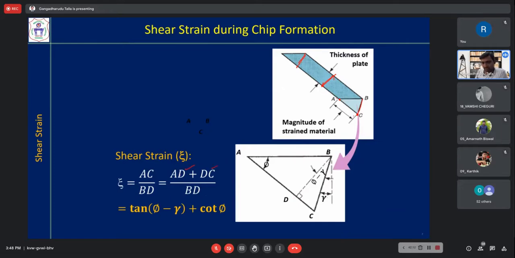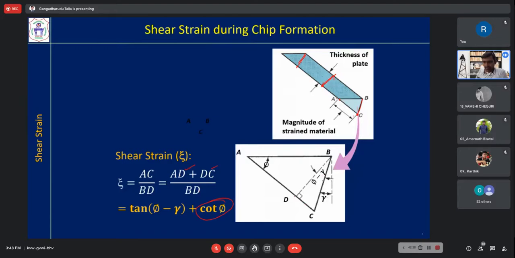Now what is AD by BD? You consider this triangle. So that is nothing but cot phi. So AD by BD is cot phi. And similarly DC by BD is tan phi minus gamma.